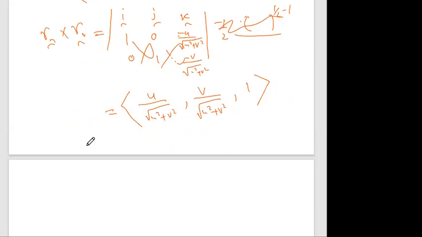And take the magnitude. So let's take the magnitude. This one squared with this one squared, 2 u squared plus v squared.